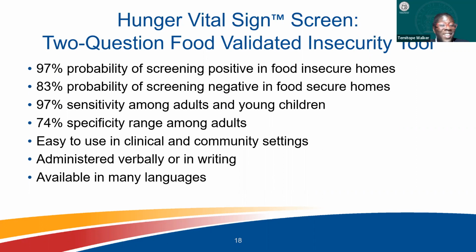There's also a 74% specificity range among adults. It's easy to use in clinical and community settings and can be administered verbally or in writing, and is available in many different languages. So there's a lot of advantages here.